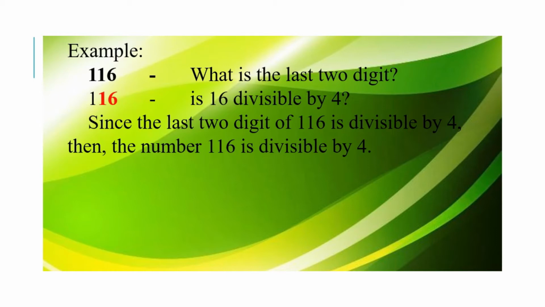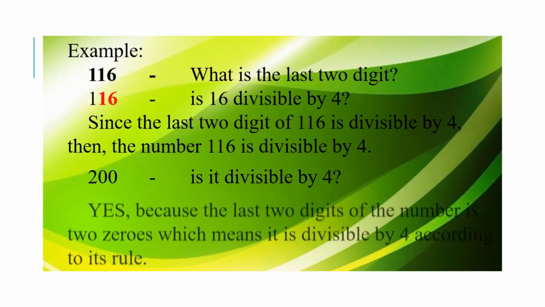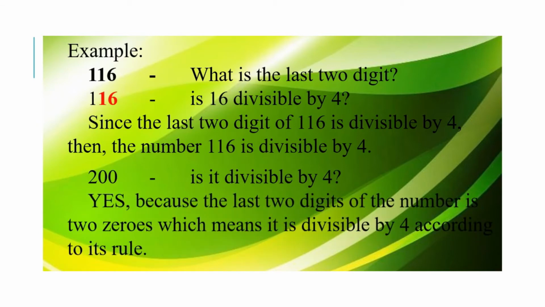Very good. Another example. 200. Is it divisible by 4? Yes! Very good. It is divisible by 4 because the last two digits of the number is two zeros, which means that it is divisible by 4 according to its rule.